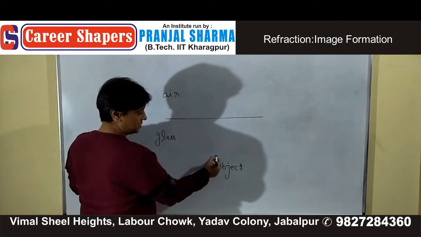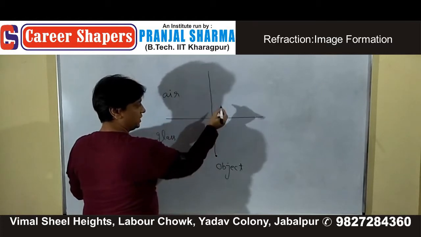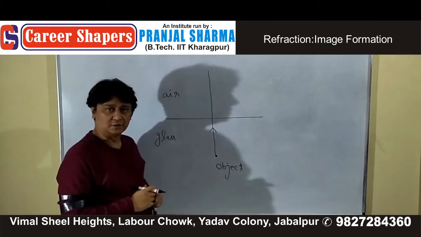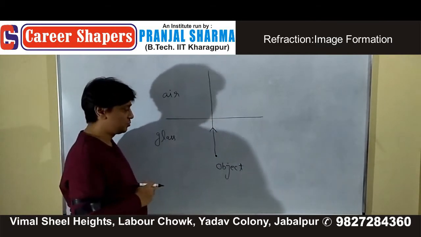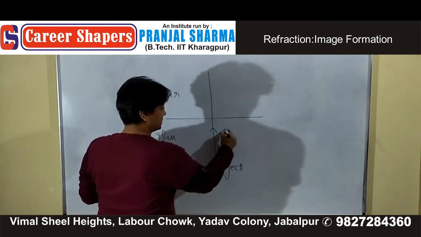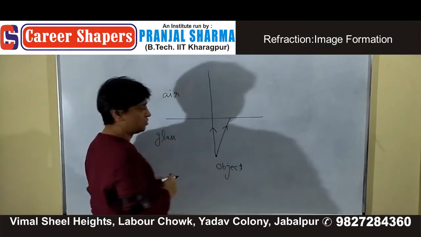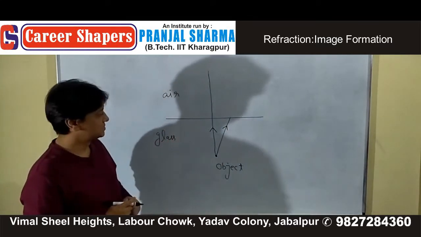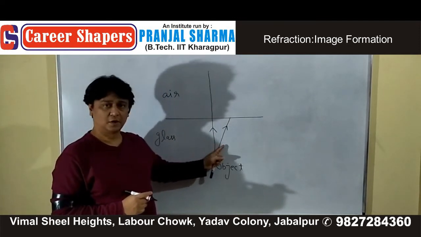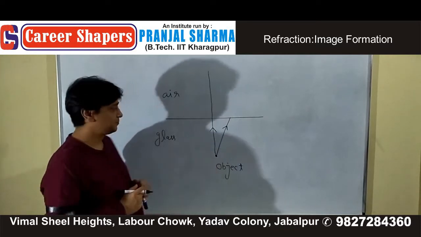From the object, we draw at least two rays so that we can find the intersection point. This is one. This is another one. These two are incident rays. Intersection of incident rays gives us what? An object. That's what this object is.